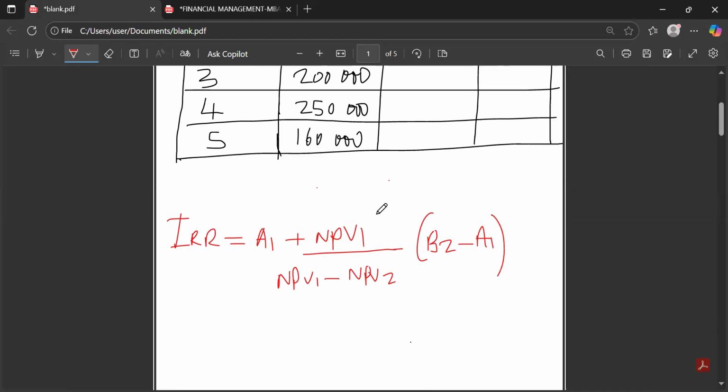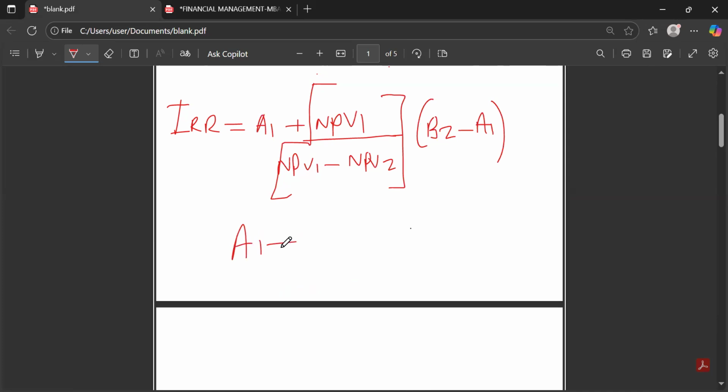So this is in one bracket. Let us find NPV1 using the rate of 15%, meaning that our A1 is 15%.